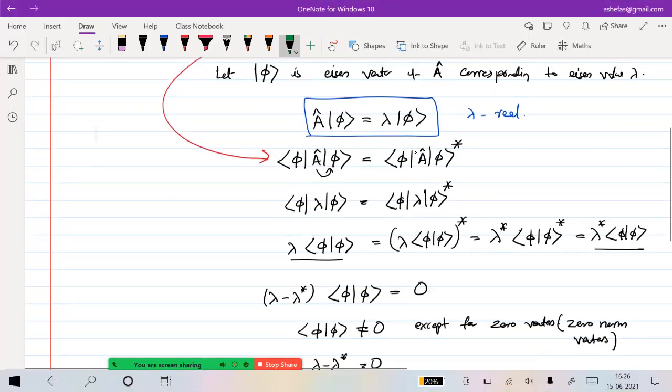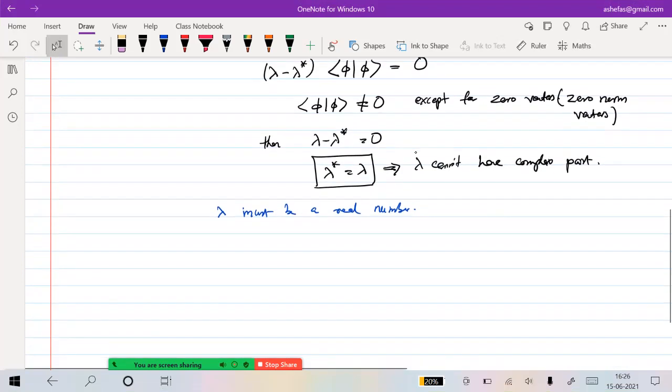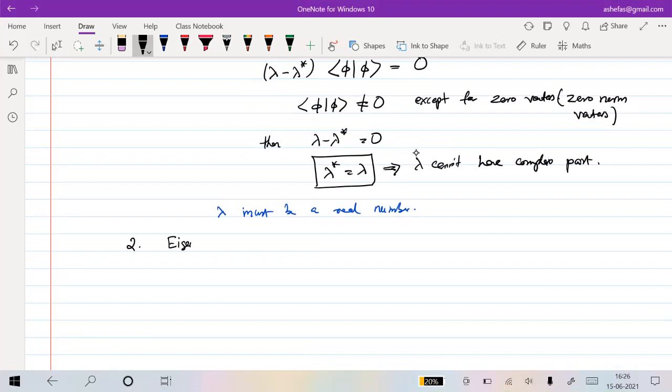Next, we can go for the second property of Hermitian operators. The second property is that eigenvectors corresponding to different eigenvalues are orthogonal.